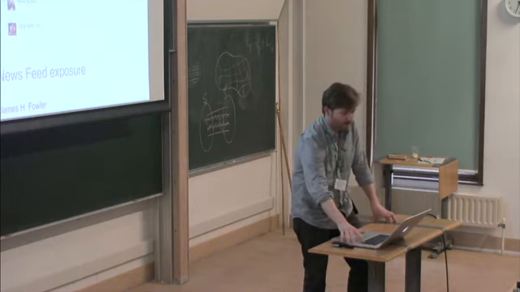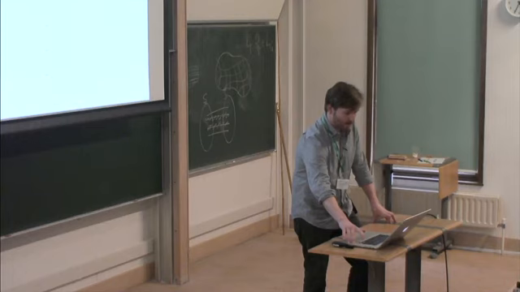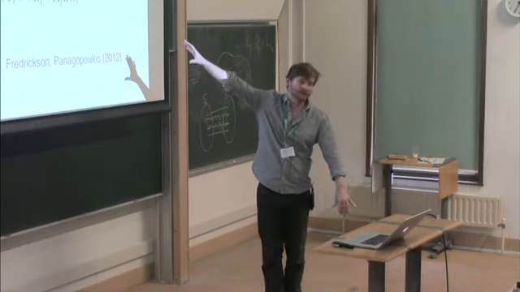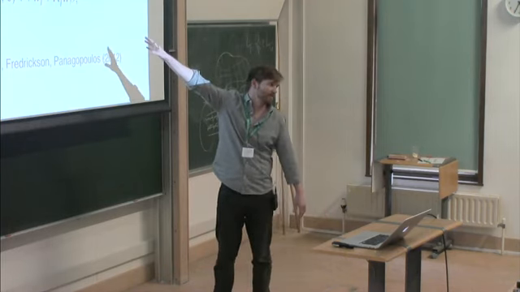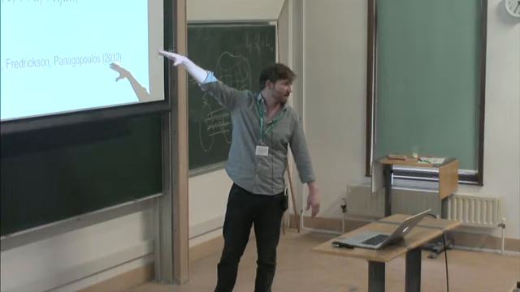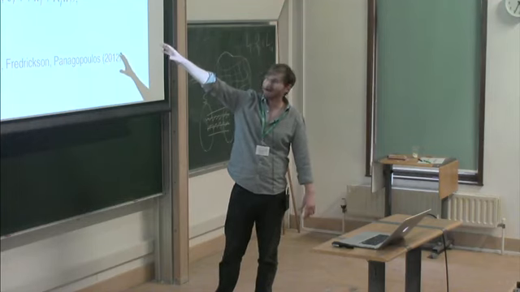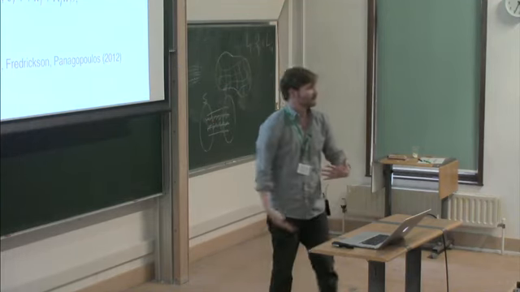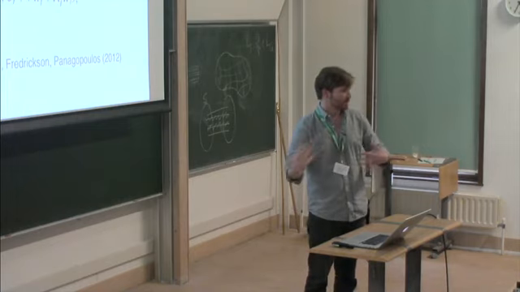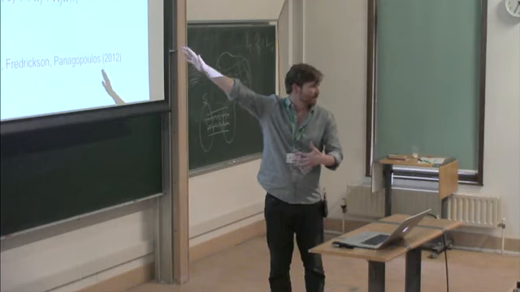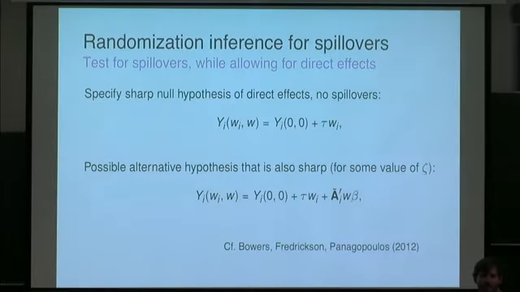So if we posit that the spillovers actually go according to some model like this, where it's basically the fraction of your friends, in the normalized adjacency matrix, that are treated that matters, then if you make those assumptions, yeah, you could invert that test. But then you're back in this world of, I have a sharp null hypothesis, but now I need to assume constant effects everywhere. So that's still an open problem.